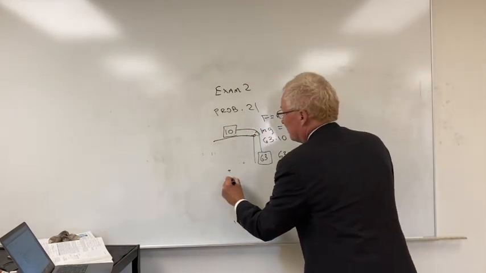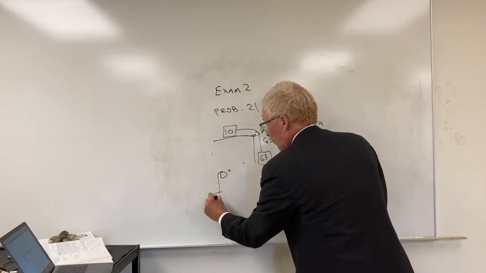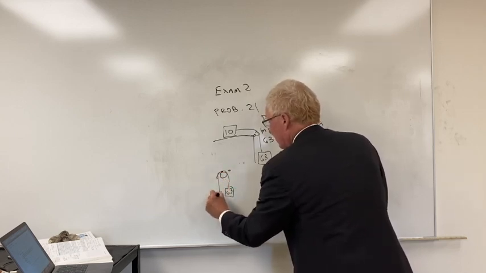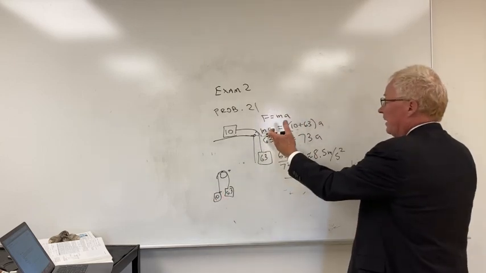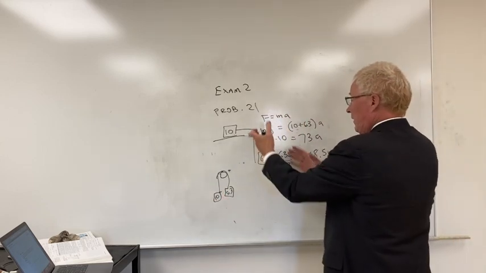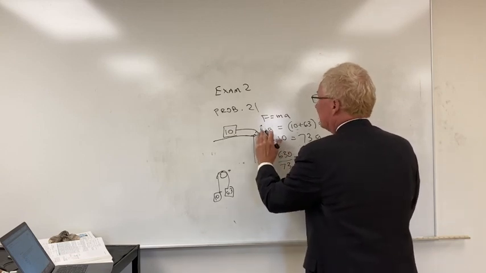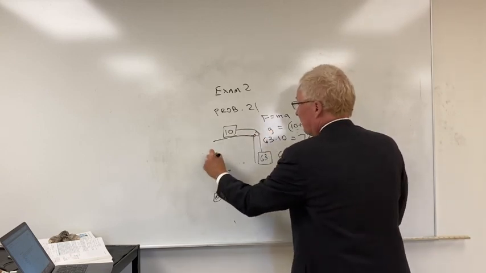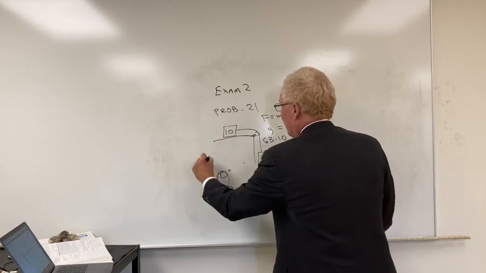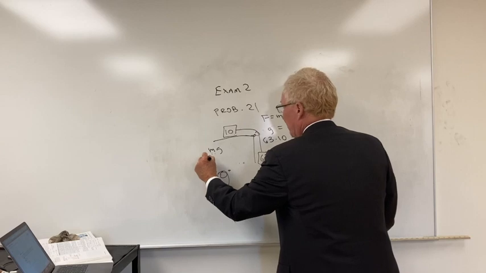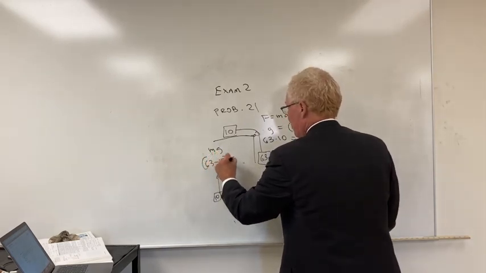had this problem where 10, all right, 63 and 10. In that case, the mass being pulled, these would counteract each other. So in that case, this mass on this side, this mg, would be 63 minus 10 times g.